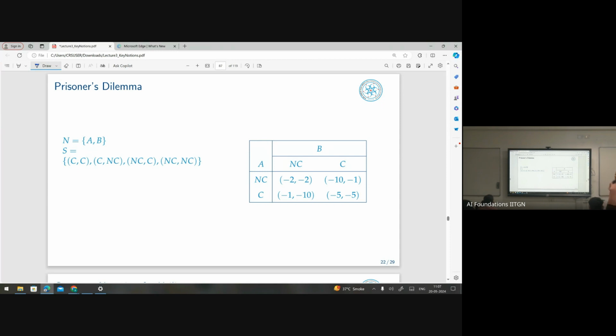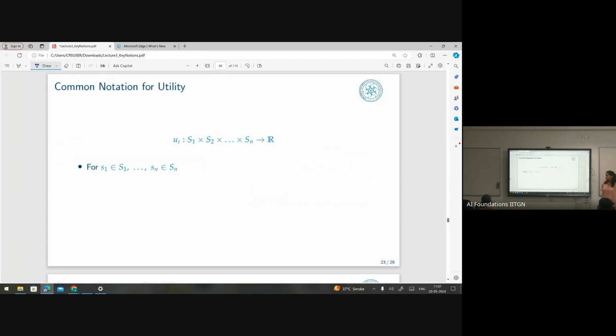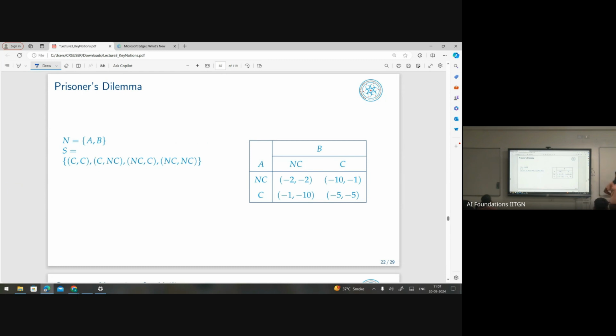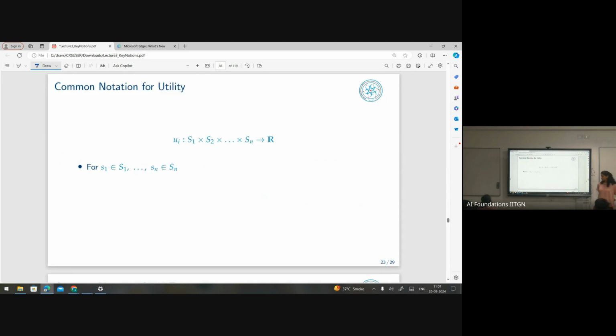So for prisoner's dilemma, we have two agents, A and B, and these are the different possible outcomes or strategy profiles. And there is this common notation for utility that we'll be using throughout the lecture, so please ensure that you understand what this notation really means. Every utility U_i corresponds to the entire set of strategy profiles that I have.